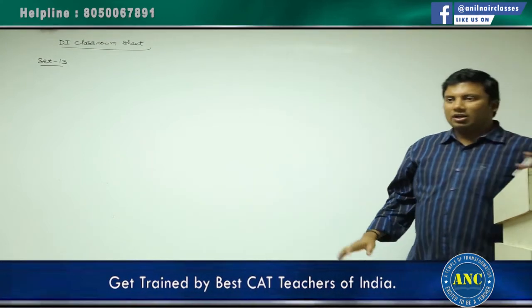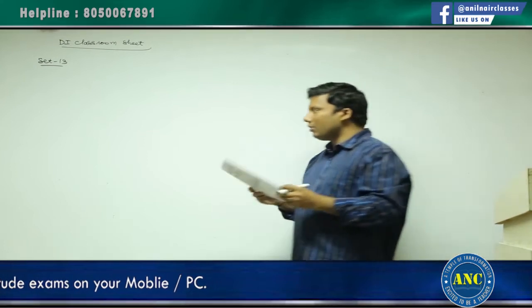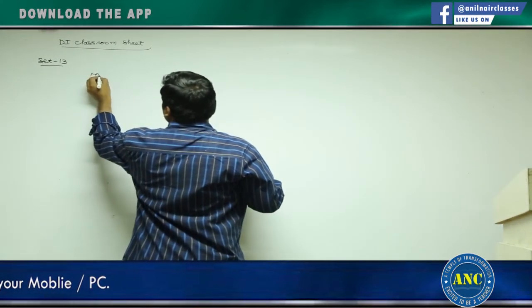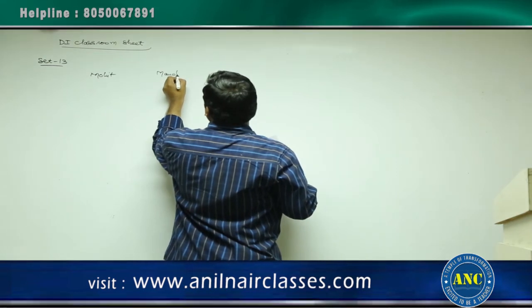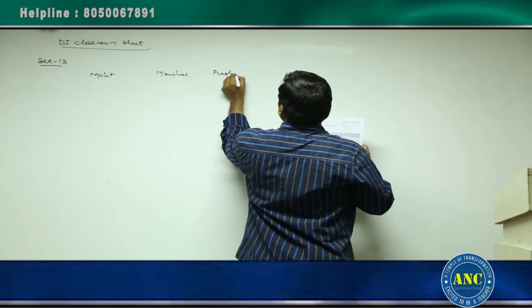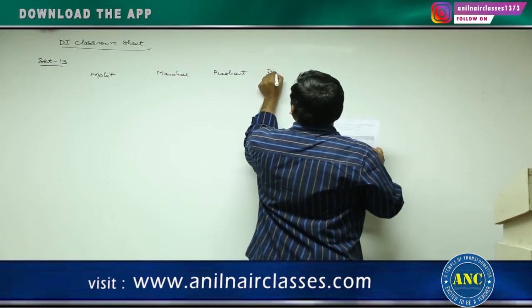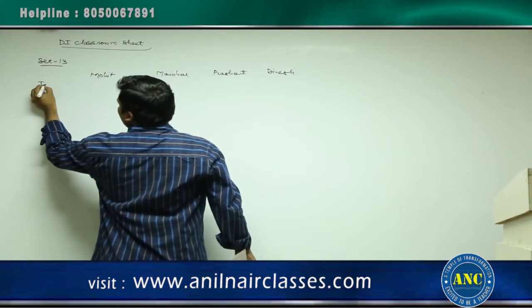Now see here, there are 4 people: Mohit, Manohar, Prashant and Dinesh. They had some initial amount.